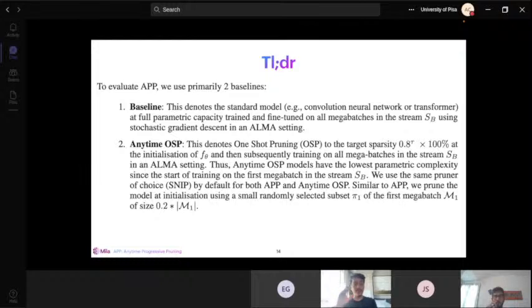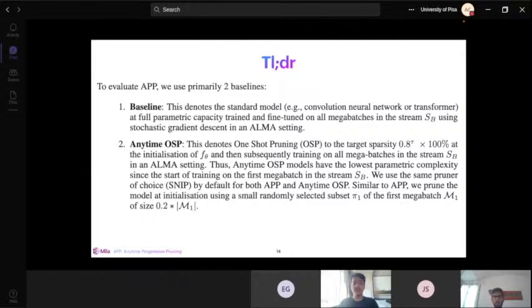So when I showed you the first mega batch where I was taking f theta and pruning it using SNIP and using only M1, which is the first mega batch, in ANYTIME we were only pruning it to a fraction of it, but in OSP, we prune it completely to the target sparsity, and then subsequently we train on all the mega batches as a standard model.